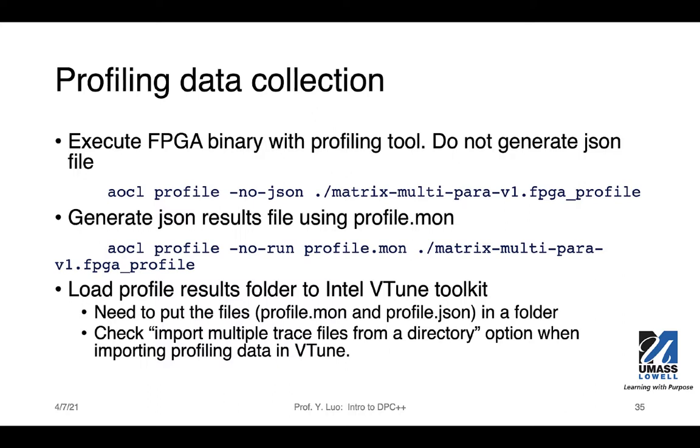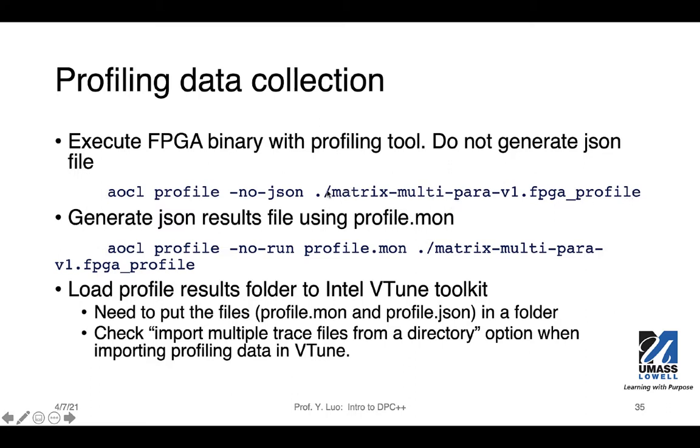After we compile the FPGA binary, we can execute the binary using the profiling tool. We can perform this execution in two steps. First, we can call this command aocl profile-no-json, followed by the name of your binary executable.